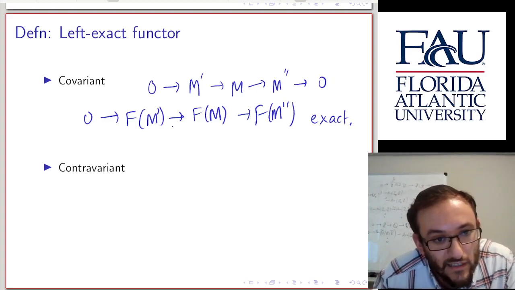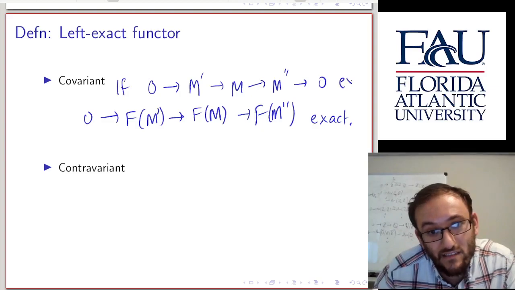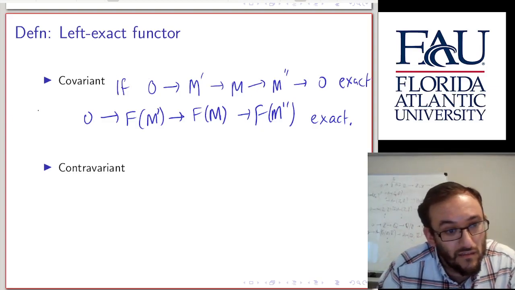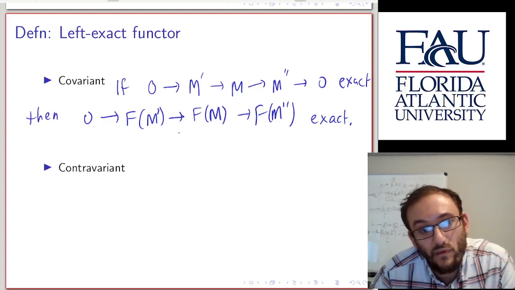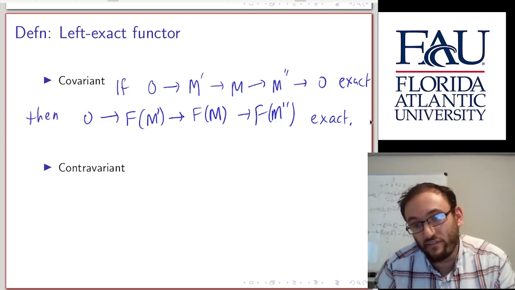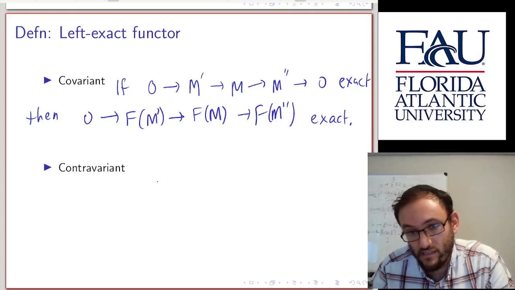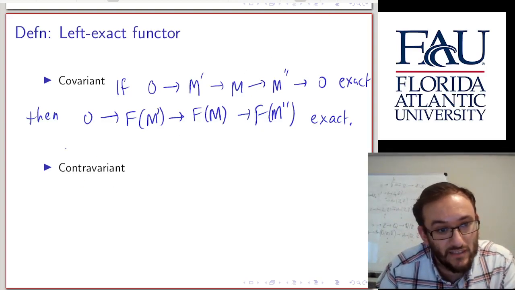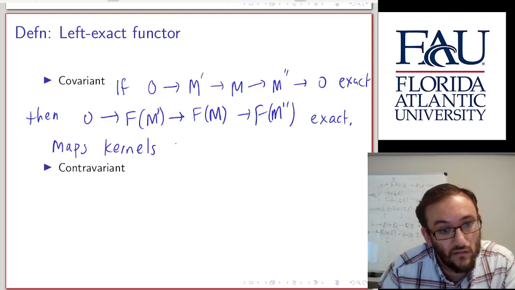So let's be a little clear. If this is exact, then this is exact. But you'll notice that I left off the last 0 because I only get that the left part of this is exact. So another way of describing this is that it maps kernels to kernels.